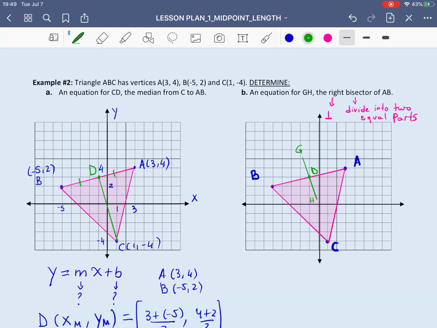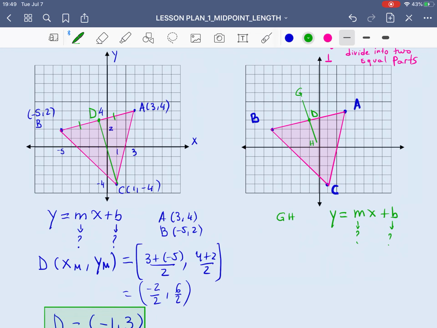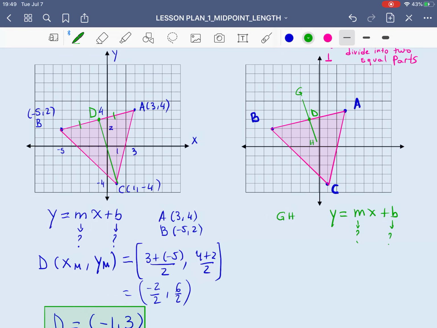Okay, and we want to find the equation of it. Now remember that to find the equation of GH, we're going to need to find first something like this. We don't know M, we don't know B. So how can we find the slope of GH?